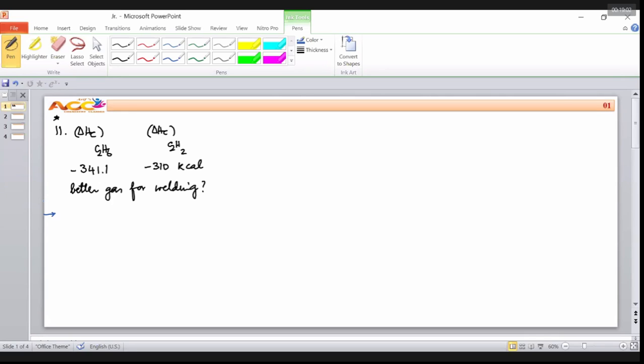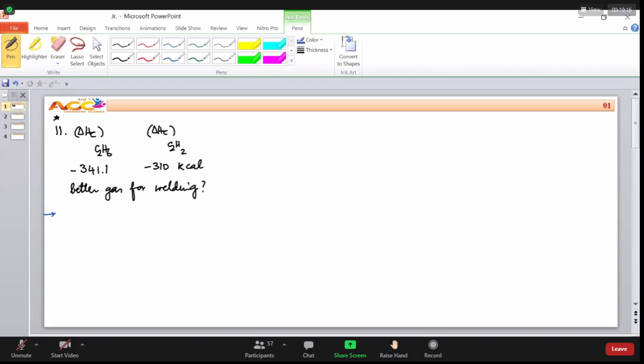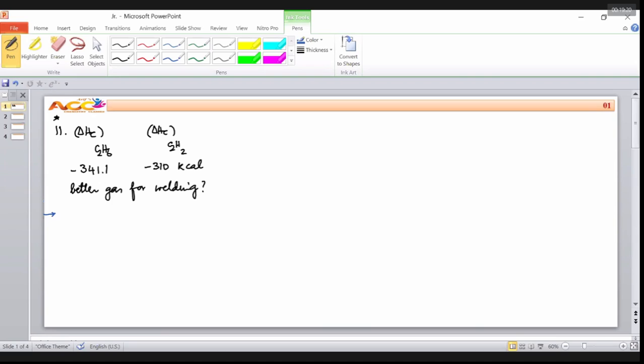Okay, now it means 341 is more, 310 is less. Therefore, ethane is more efficient than acetylene. Wrong. We should not say that while seeing this, because this is the amount of energy per mole, and per mole is not the criteria. The criteria is 1 gram.